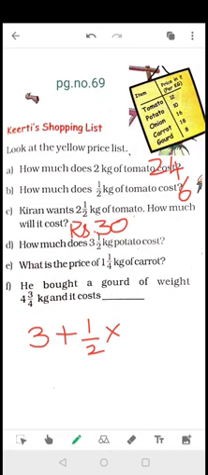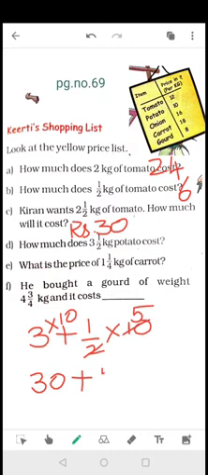The cost of potato is 10. With the 2, if we cancel, 5 times it will come. 3 kg of potato, 3 tens are 30, plus 5, it is 35. Answer is 35 rupees.